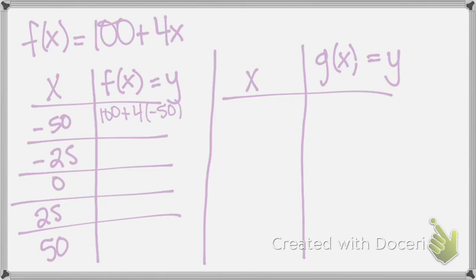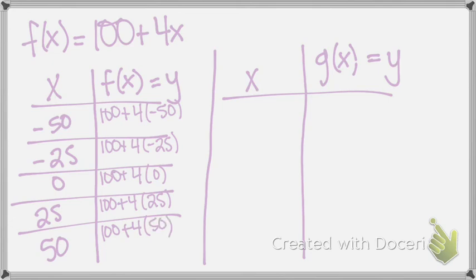For the next one, 100 plus 4 times negative 25. For the next one, 100 plus 4 times 0. 100 plus 4 times positive 25, and 100 plus 4 times 50.